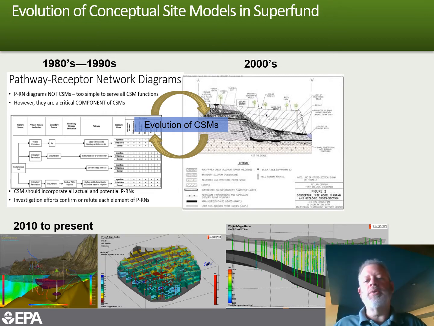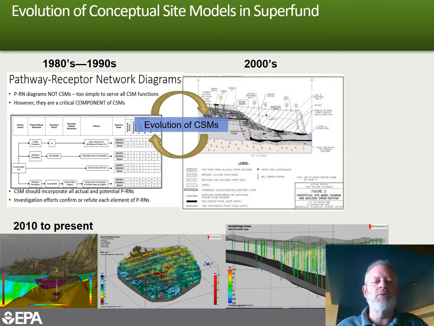And of course, our computing power has significantly improved with time as well. So we're moving from pathway receptor network diagrams and pretty simplistic diagrams to some of the stuff we started to do in the early 2000s in our triad work. It's a little more cartoonish, but nonetheless, we're documenting locations of contamination, geology, wells, well screens, really starting to understand some of that.